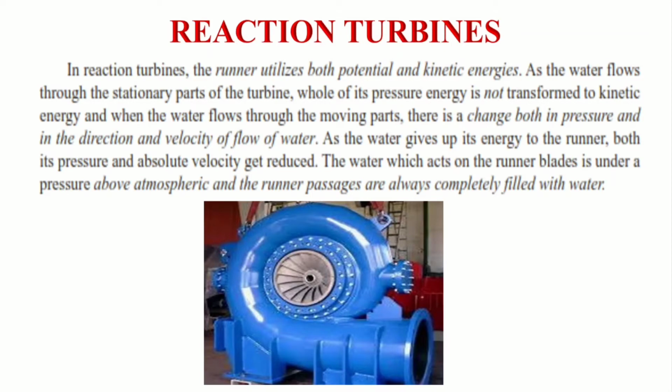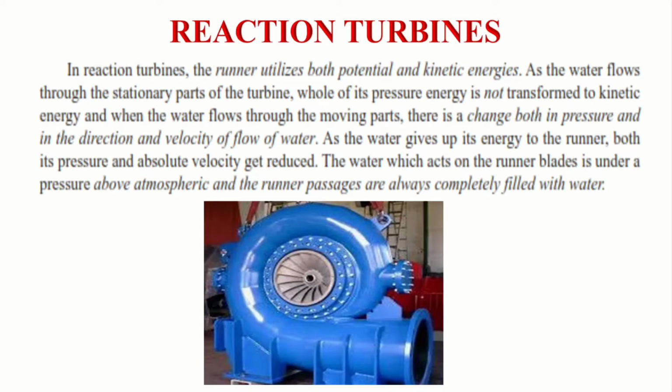Here the main difference from the impulse turbine is that the entire turbine blades are filled with water, and when the water strikes the blades, both impulsive force and reactive force act on the blades. While passing through the blades, the pressure energy gets converted to kinetic energy.